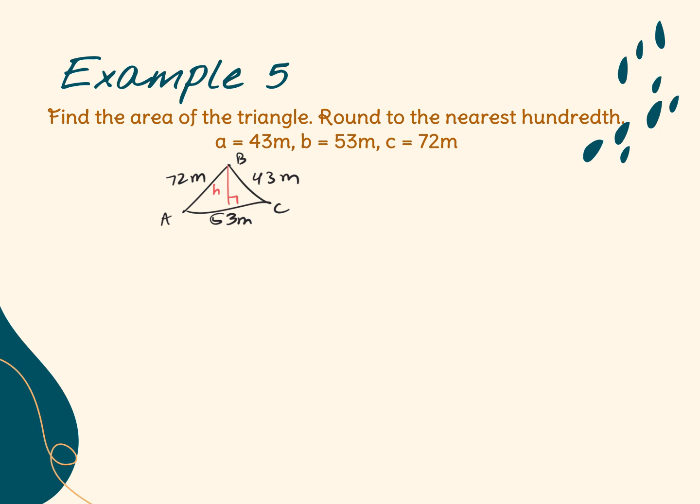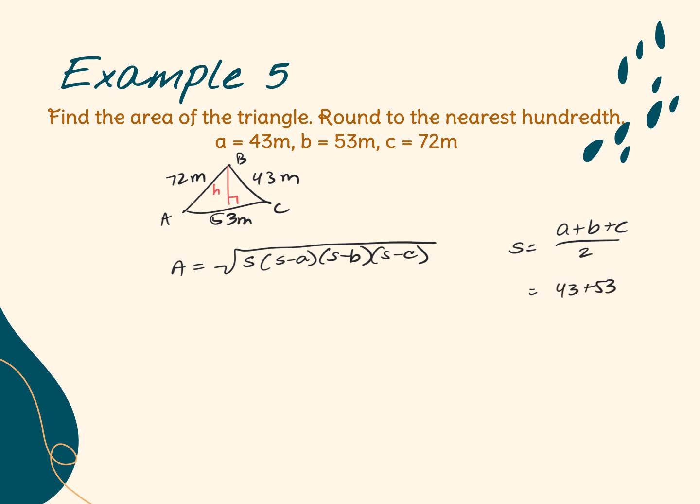But thankfully, because of this formula, we know that the area of the triangle is the square root of S times S minus A times S minus B times S minus C. So in this case, what's S? Well, we know the formula for S is A plus B plus C divided by 2. So A is 43, B is 53, and C is 72, and we divide that by 2.